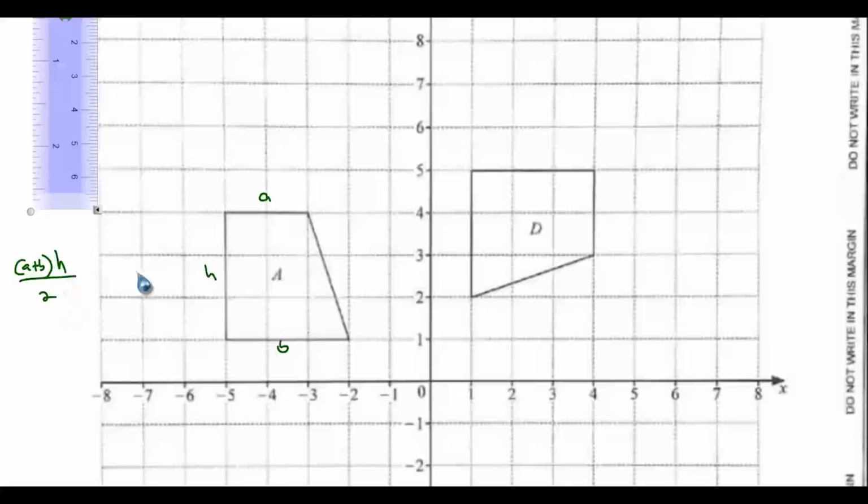The value of A is 2, the value of B is 3, and the height is 3.